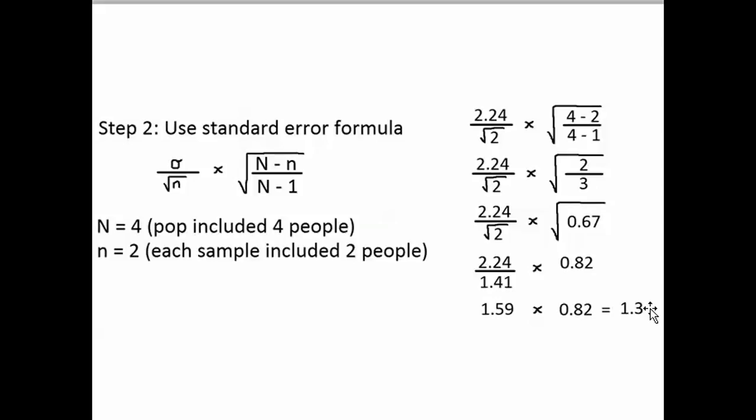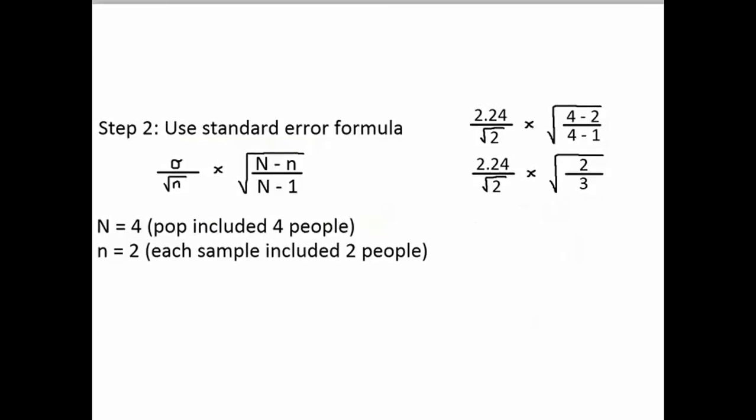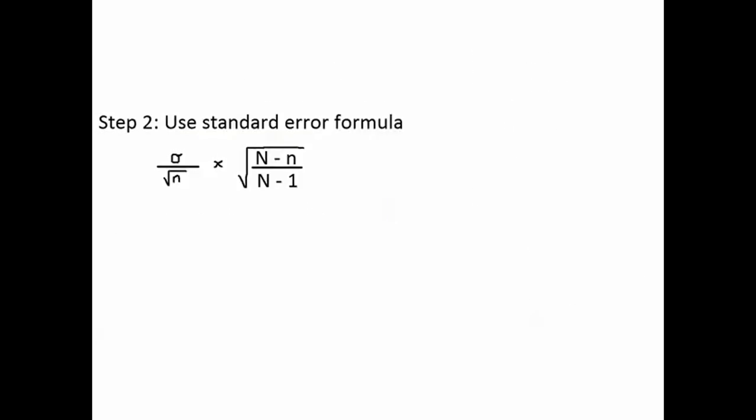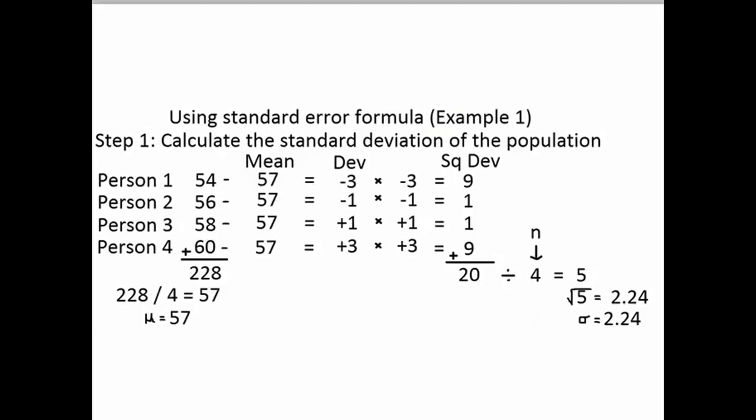But if we use this other method that I just showed you, we don't actually have to calculate the means of all possible samples. So let me show you how we would have done this using the old method, or the method that we used the first time.